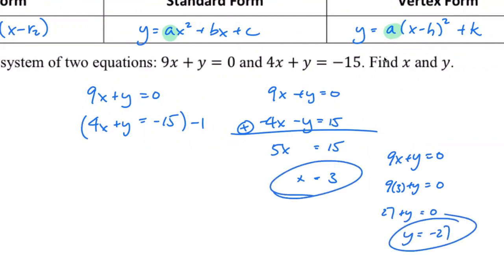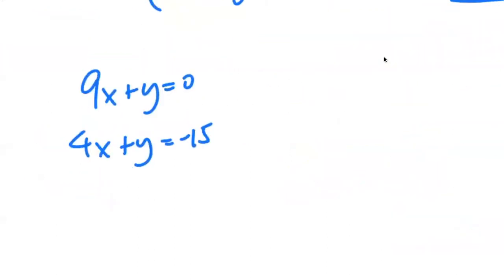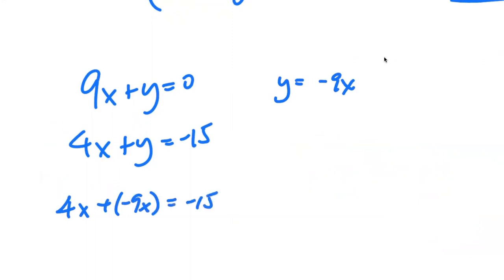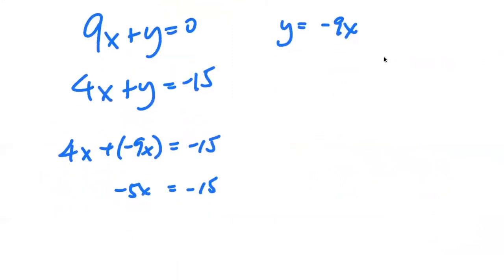Okay, alternatively, of course, you can do this by substitution, because you can get y by itself like this, and then you can just go ahead and substitute. All right, and then you can still get the same answer.